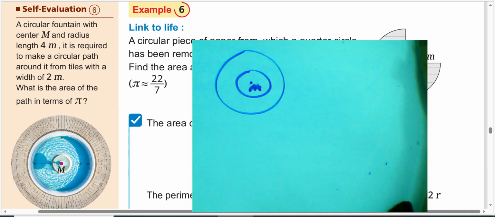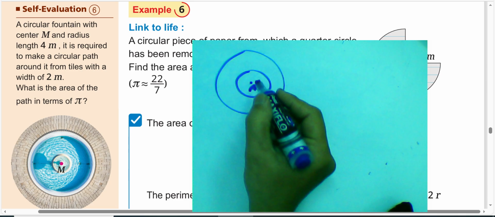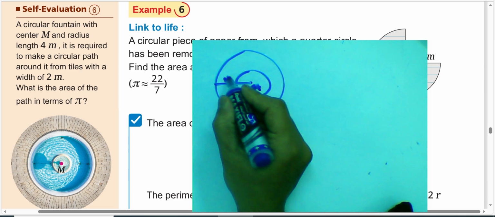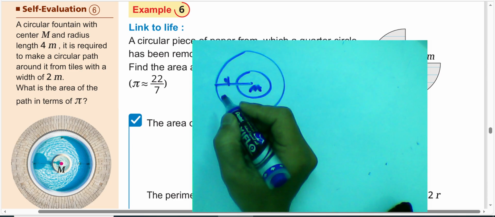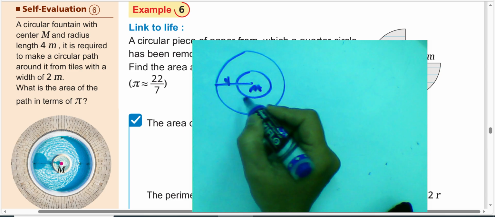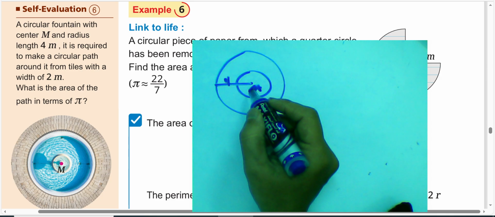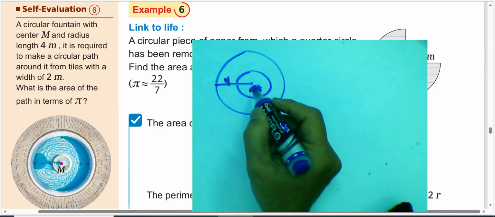Okay. We have radius was 4 meters. The radius of the circular fountain will be 4 meters, and it's required to make a circular path around it from tiles with a width of 2 meters.